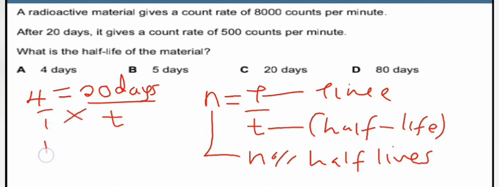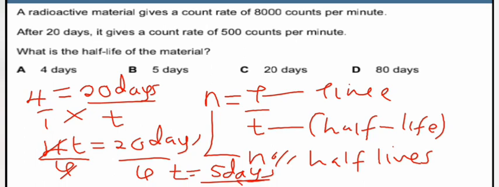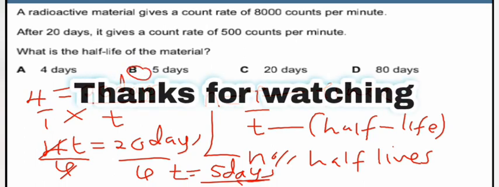So when I multiply, I'm going to get 4t being equal to 20 days. Then when I divide both sides by 4, t is going to remain alone, which is the half-life. So 20 days divided by 4, we are going to get 5 days. So the answer here is just going to be B, which is 5 days.